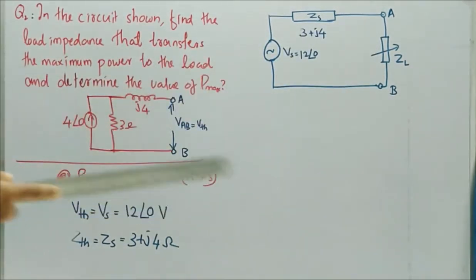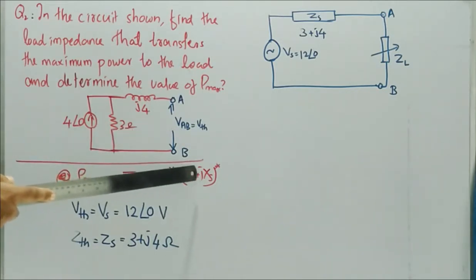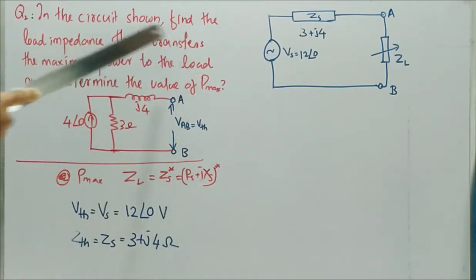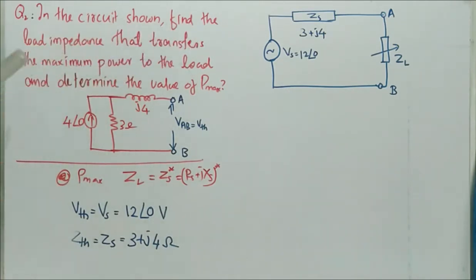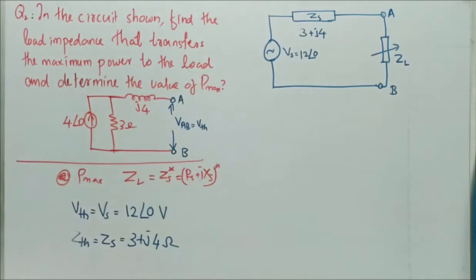In order to transfer maximum power, the condition is ZL equal to Rs minus jXs. So the answer to the first part is that the load impedance that transfers the maximum power to the load is ZL equal to 3 minus J4.